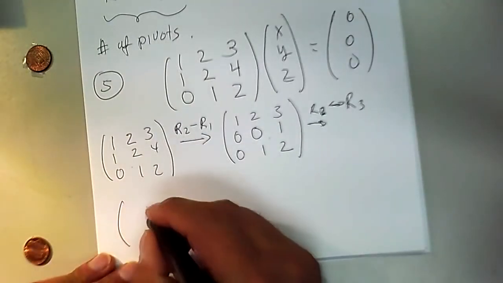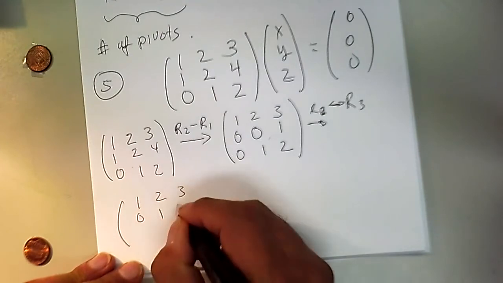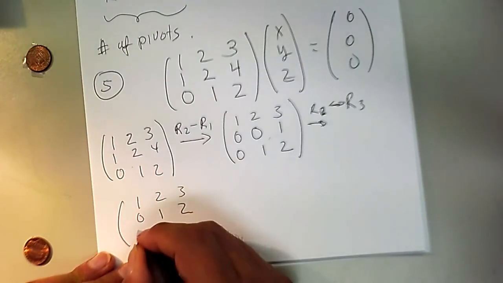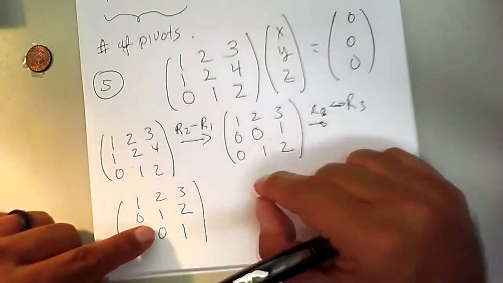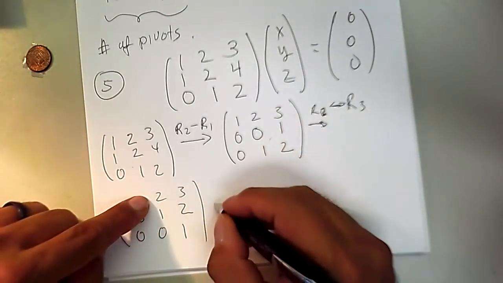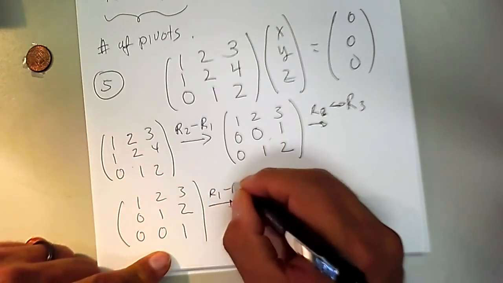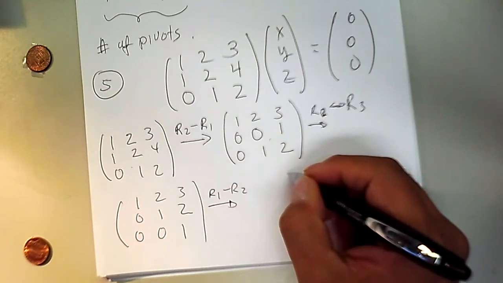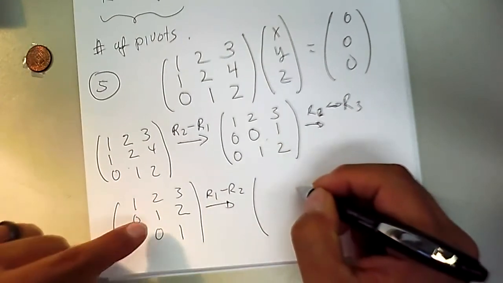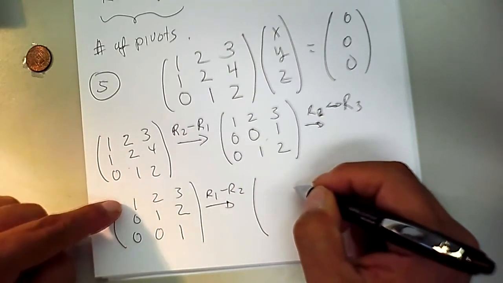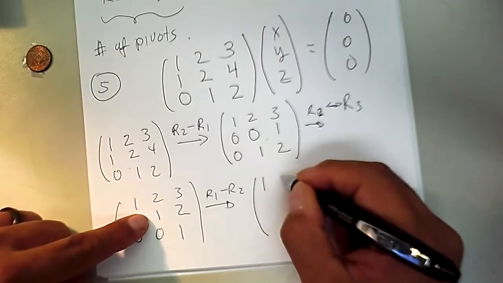So we're going to have a new matrix, 1, 2, 3, 0, 1, 2, 0, 0, 1. Oh yeah, we're going to be able to do this. So subtract from the first row the second row. So row 1 minus row 2, 1 minus 0, 1, 2 minus 1.